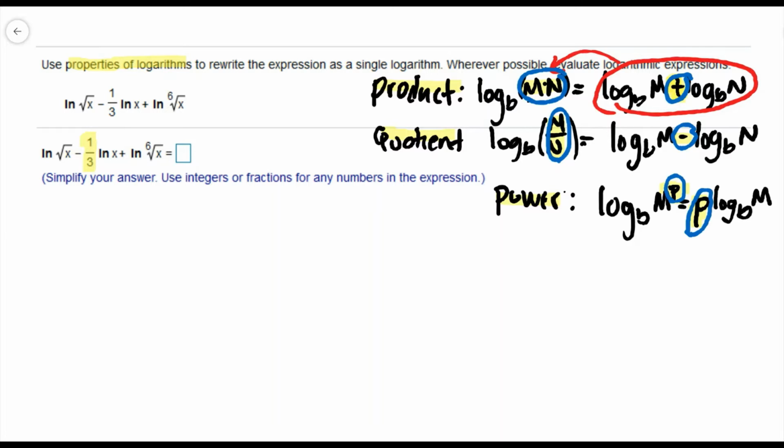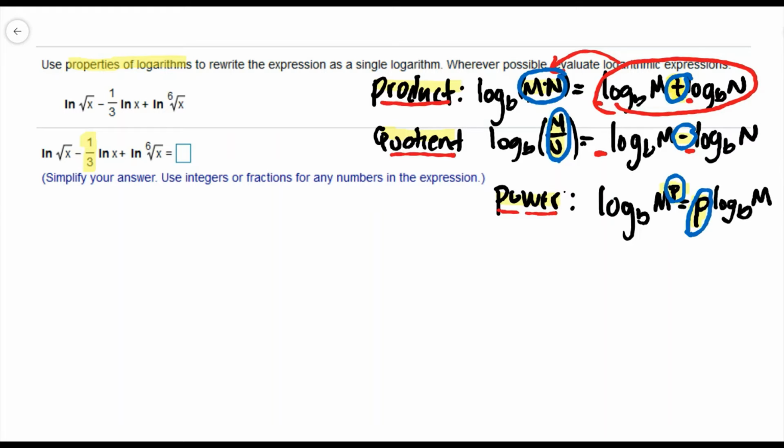You're not able to use the product rule or the quotient rule when you have coefficients. You notice that none of the expressions I have next to the product rule or quotient rule have a coefficient on these numbers. So we have to take care of the power rule first.